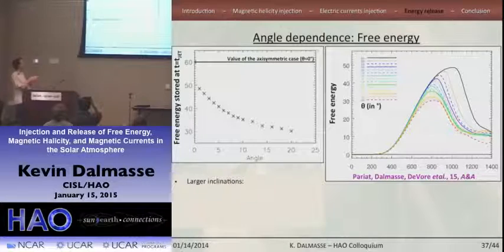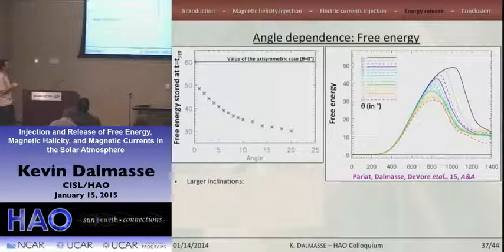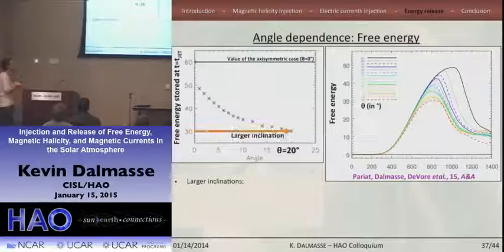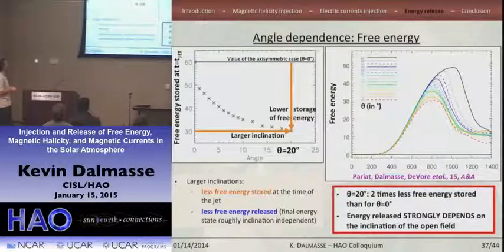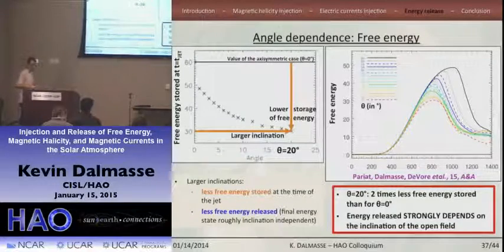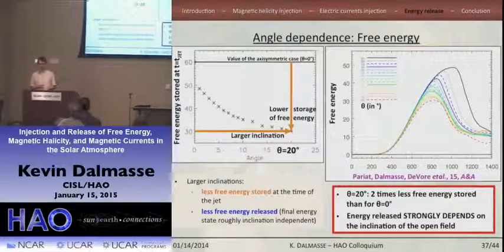Now I'm plotting the free energy stored at the time of the jet as a function of the inclination. You can see that the larger the inclination of the open field, the lower is the amount of free energy stored inside of the closed magnetic field, which means that less free energy is stored at the time of the jet and less free energy is released during the jet.